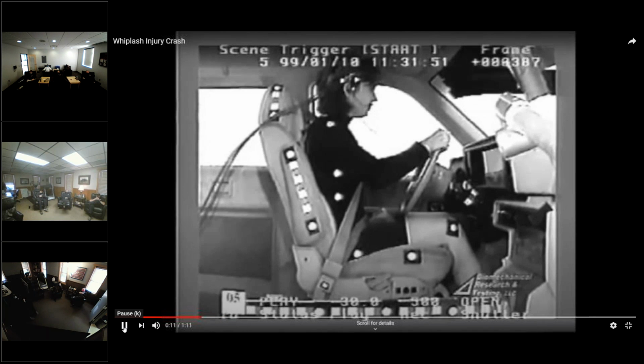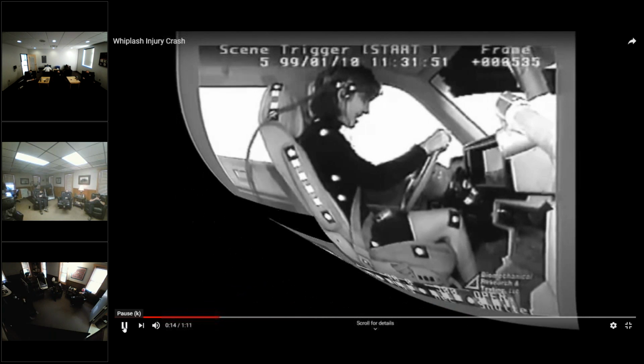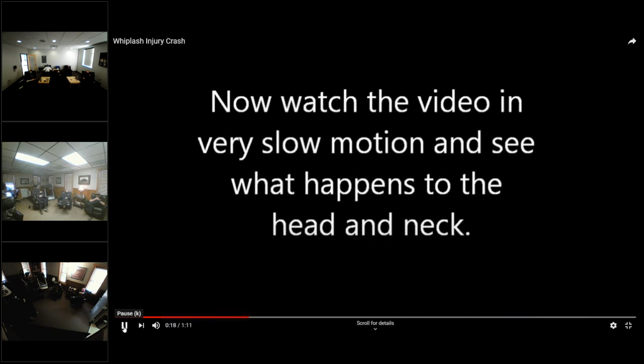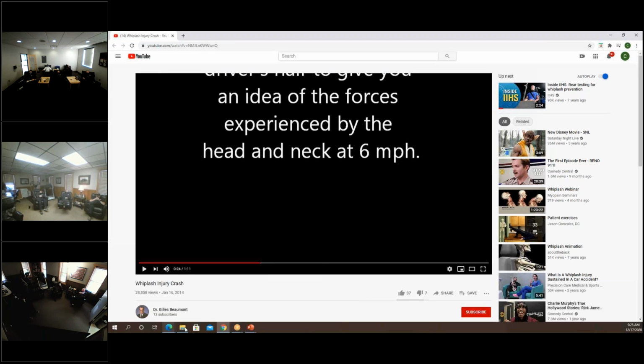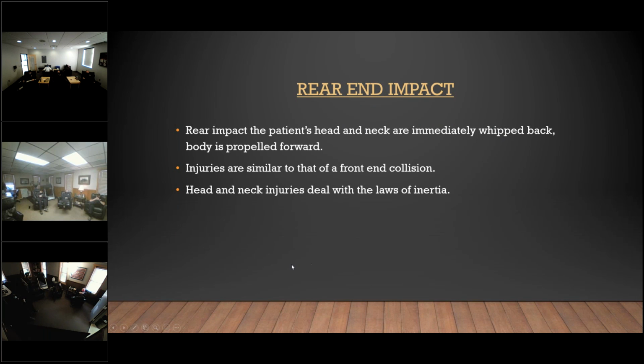But the biggest thing, even with those low speed collisions, is the fact that the cervical spine is being thrown forward and backwards. And we can see some substantial injuries even from those low speed incidents. Again, our abdominal, our chest cavity injuries, our lower extremities, our facial injuries, oftentimes are going to be the same between our frontal impact and our rear impact.